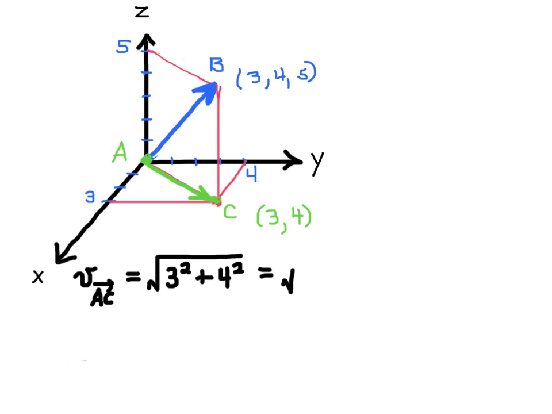So we end up with the square root of 3 times 3 is 9, 4 times 4 is 16. So it's the square root of 25. And the principal square root of 25 is 5. So the magnitude of vector AC, which is in 2-dimensional space on our xy plane, is 5.